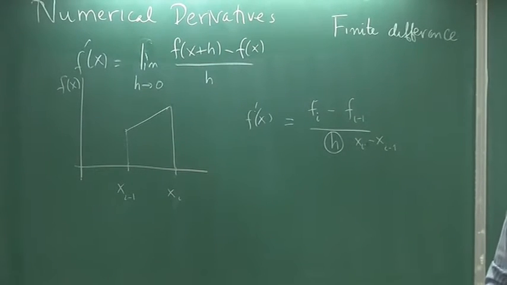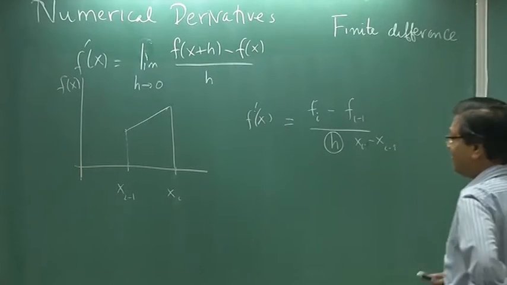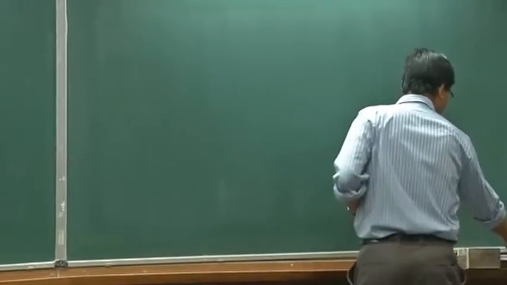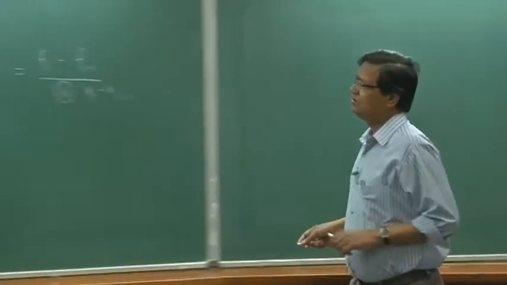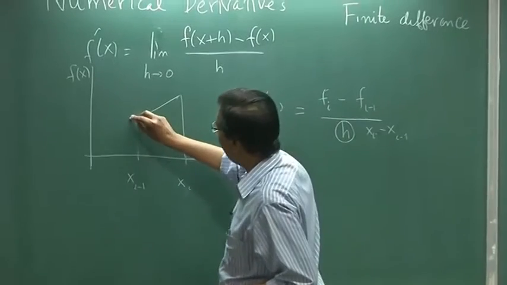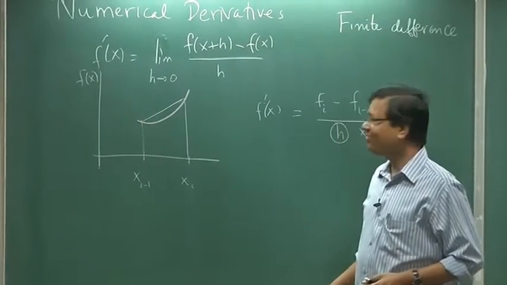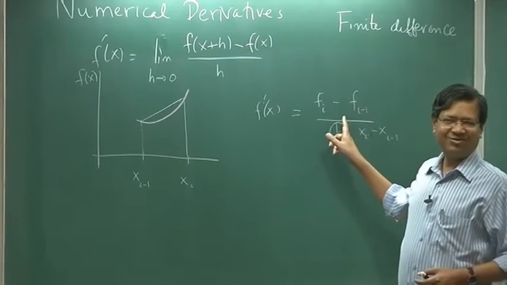For linear functions this formula is accurate, but if the function is not linear, just imagine that I have a function going through these 2 points, but like this. Now this formula is not good, right?